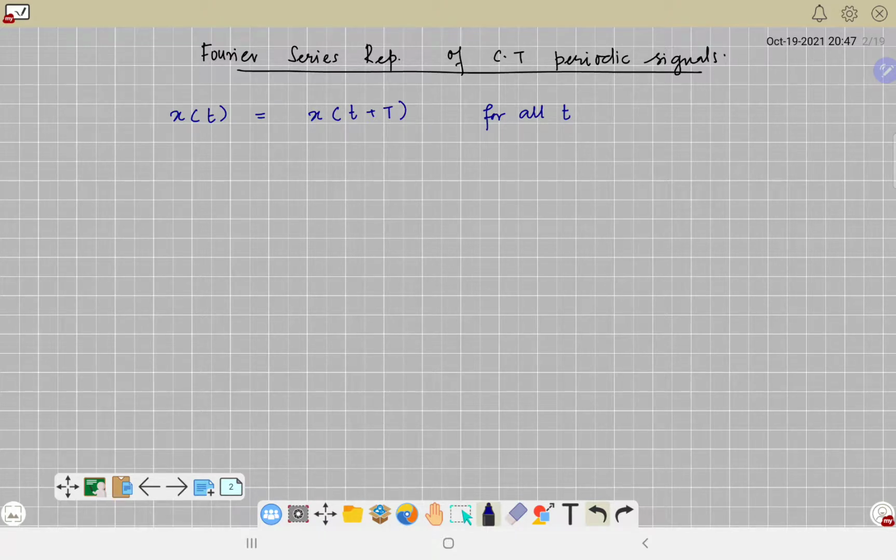And with respect to this, we had defined two quantities. Again, if you go back to your first chapter, we had defined the fundamental period, and corresponding to the fundamental period we had the fundamental frequency. So I will again define it here.